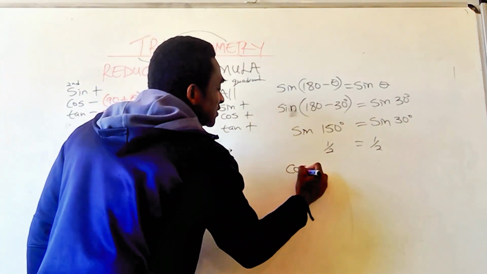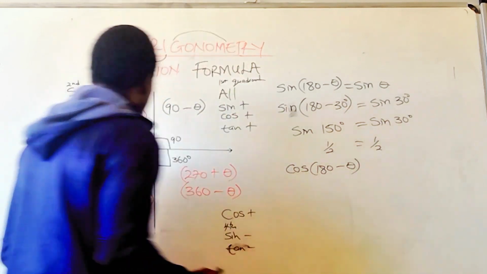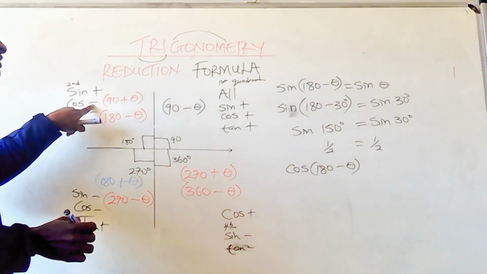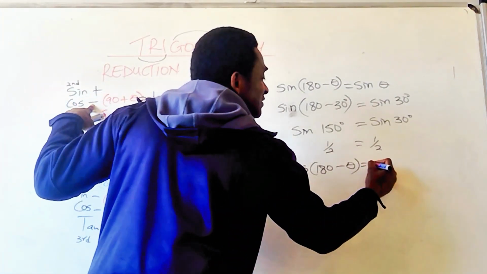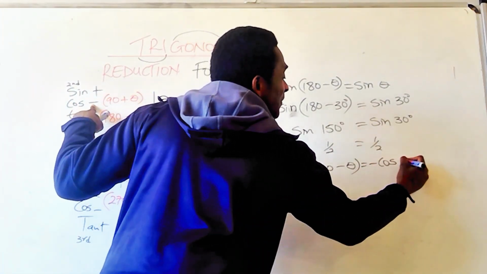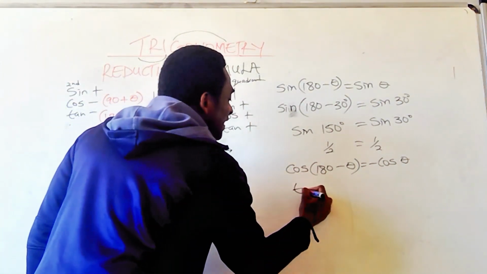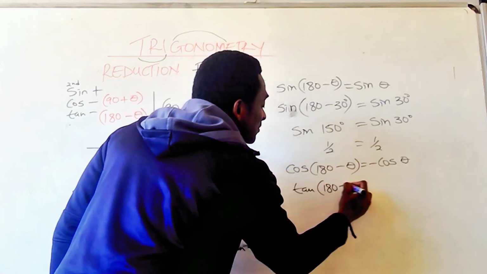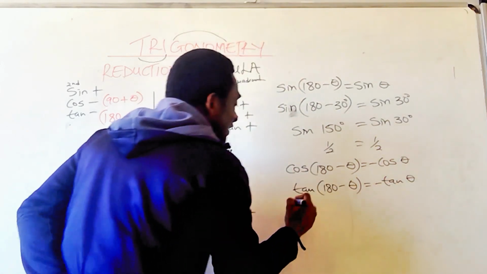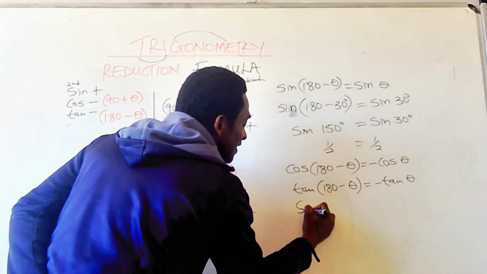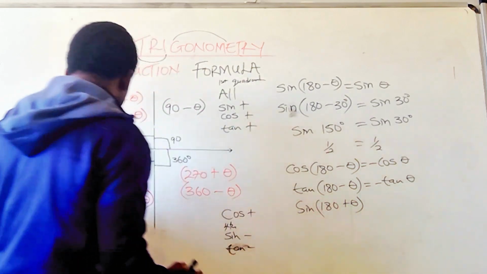Now we have cos of 180 minus theta. 180 minus theta is here, and cos is negative, so we must take that into consideration. It returns its value, it is not a cofunction, but it will have a negative. The same applies to tan of 180 minus theta. It will have negative tan theta. And then we go to sine of 180 plus theta, which will be on the third quadrant.